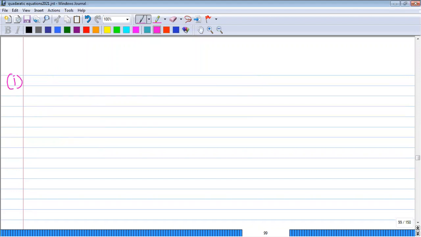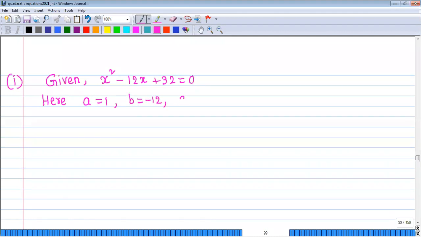So now given the first problem, what is the given quadratic equation? That is x square minus 12x plus 32 equals to 0. Here we have a is equal to 1, b is equal to minus 12, c is equal to 32. Now we need to evaluate the value of delta.